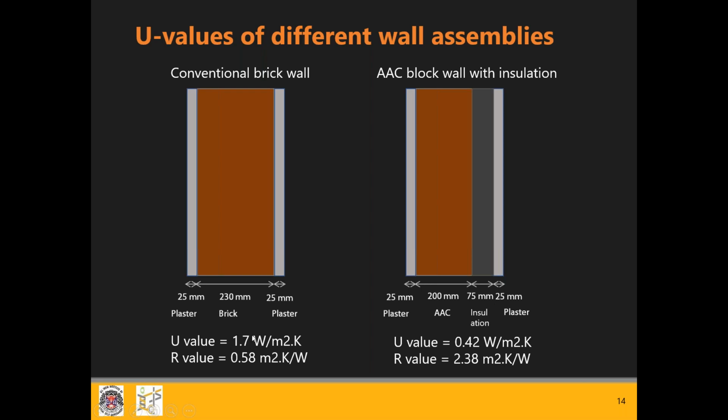In case of a conventional brick wall, the U value is 1.7, but in case of an AAC wall with insulation, it is 0.42. That means the lower the U value, the better is your block, and the higher the R value, the better is your envelope. Right?